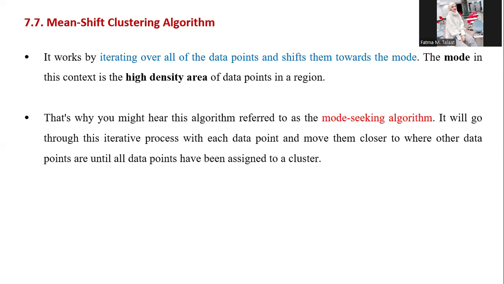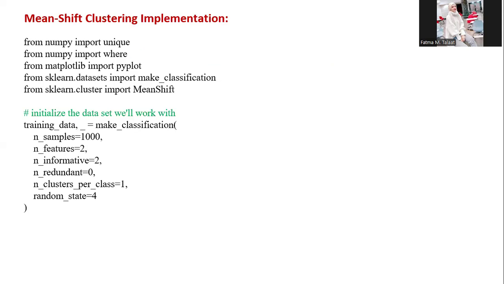It works by iterating over all data points and shifting them towards the mode, which in this context is the high density area. That's why you might hear this algorithm referred to as a mode-seeking algorithm. It will go through this iterative process with each data point and move them closer to where other data points are until all data points have been assigned to a cluster.